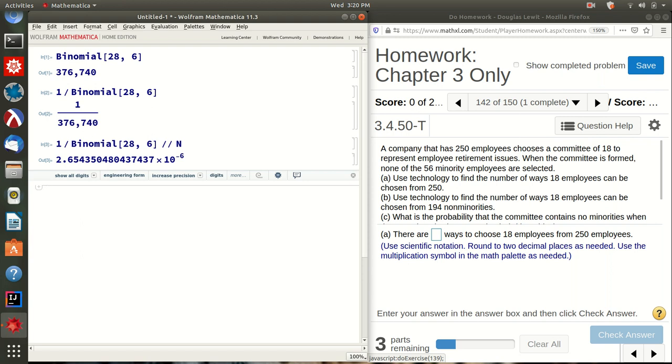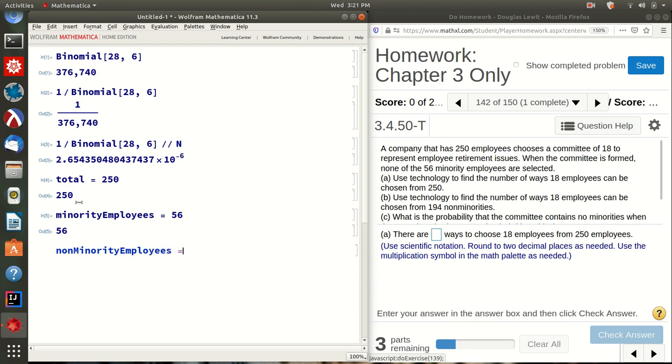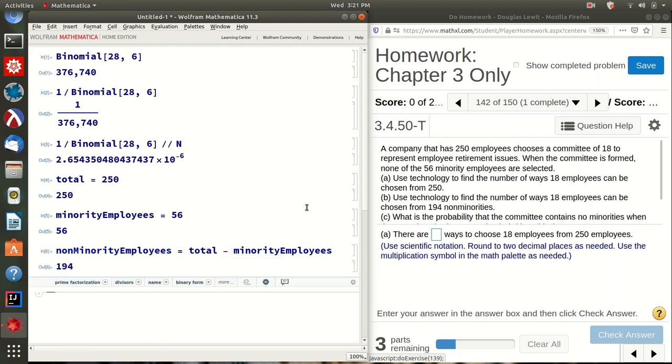We have a total of 250 employees. Minority employees, yeah, it's 56. Non-minority employees is total minus minority employees. That's 194, but that's stated already in the problem.